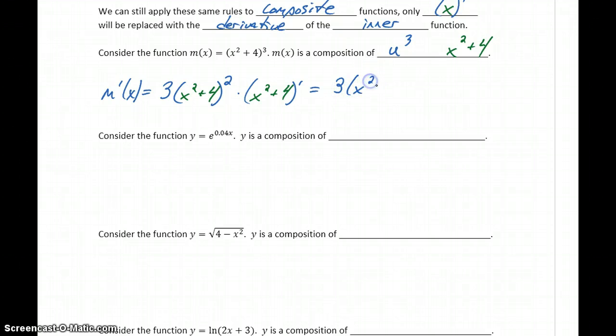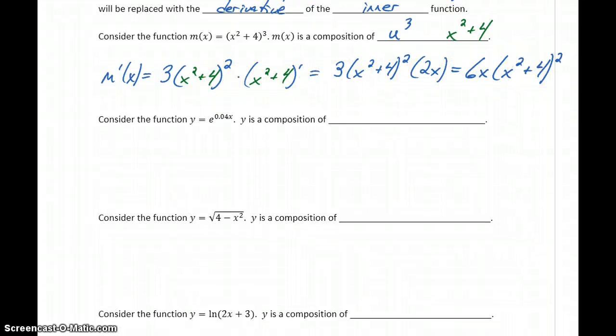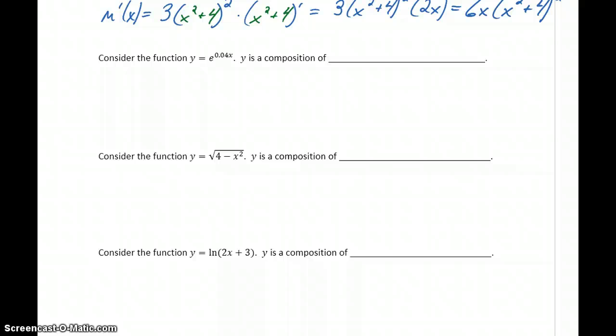So this will become 3 times x squared plus 4, that quantity squared, times 2x, which is the derivative of x squared plus 4, which will give us 6x times x squared plus 4, that quantity squared. So now we've taken the derivative of a composite function without introducing any new properties or rules, just expanding on the ideas that we have established in previous sections.